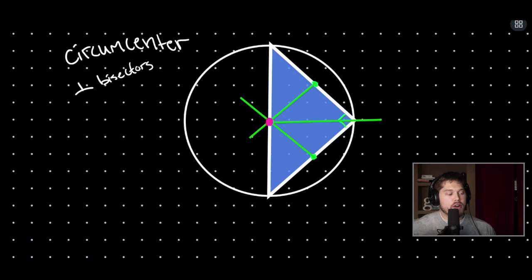But it also falls on the middle of your hypotenuse. Okay? The circumcenter for a right triangle will always be the midpoint of your hypotenuse. Just like the orthocenter was over here at the corner, for a right triangle, the circumcenter will always be the midpoint of your hypotenuse.